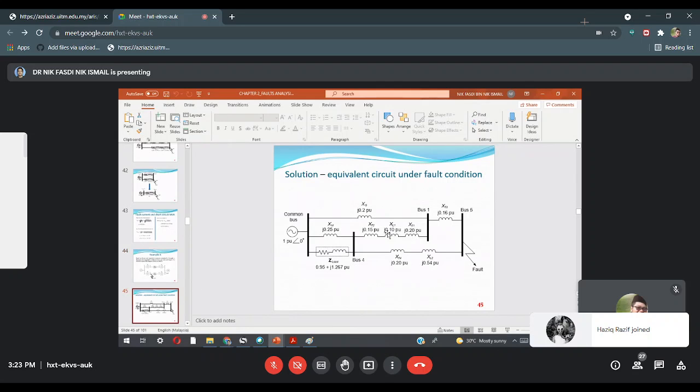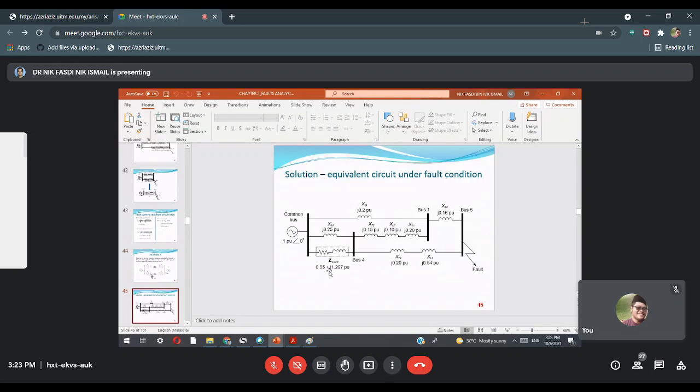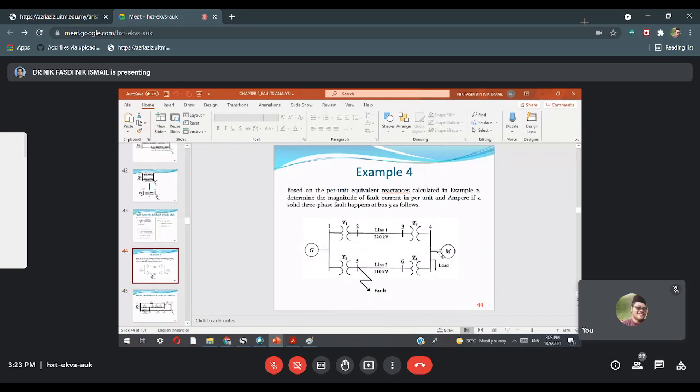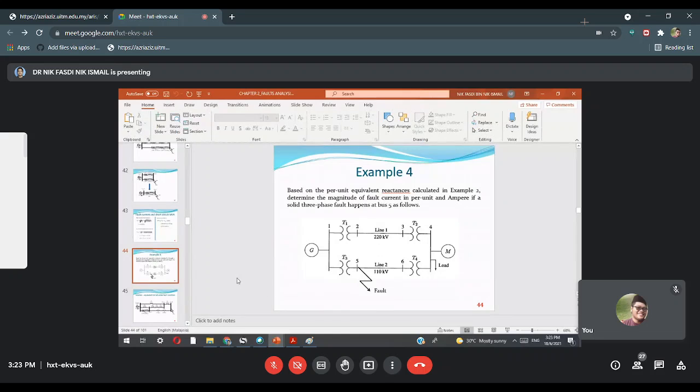So that's why here it is bus 1 and bus 4. And then here there is a motor. This motor is the one that connects to the common source. It is also in parallel with the load, because it is parallel with load 1, 2.